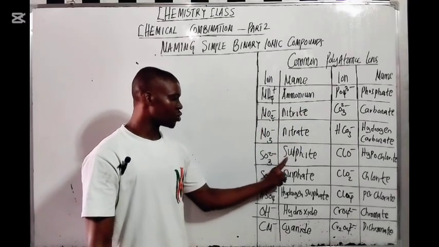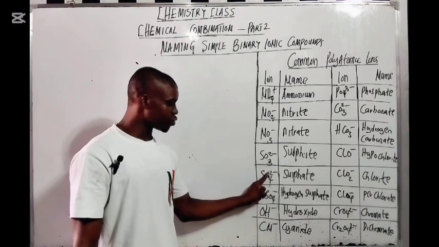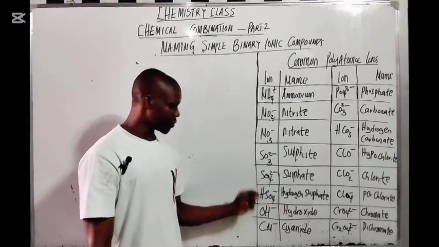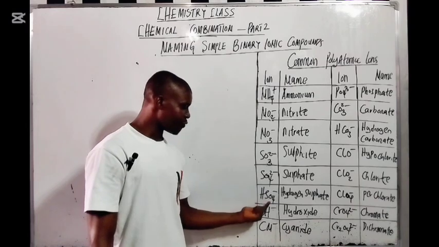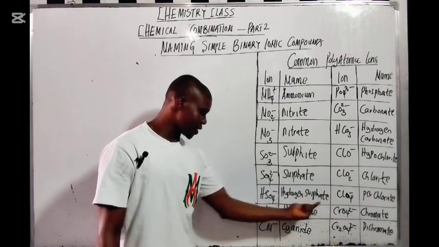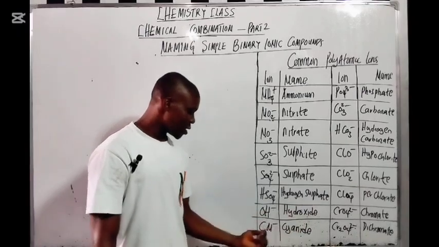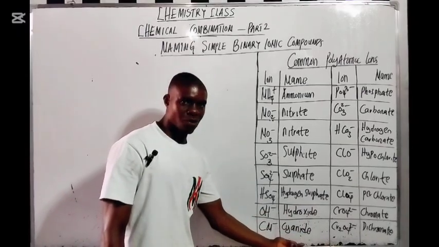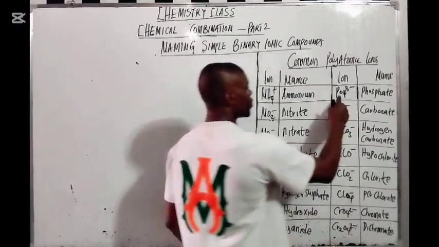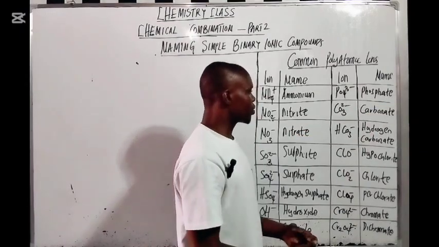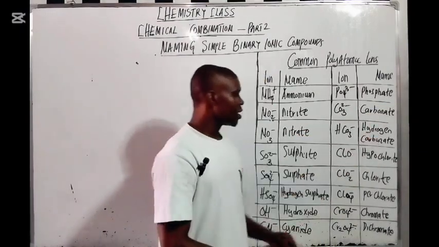SO3 2- called sulfite, SO4 2- called sulfate. So please differentiate the two of them. They are very, very important. Then you have HSO4- called hydrogen sulfate. OH- called hydroxide. CN- called cyanide. PO4 3- called phosphate. CO3 2- called carbonate.